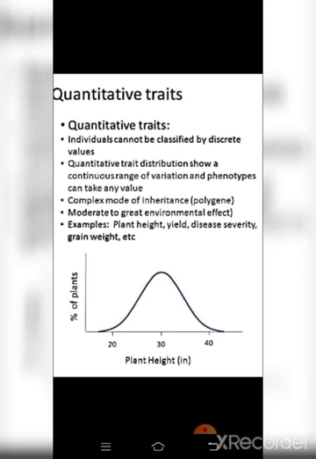Here is the graph: the plant height is 20, 30 and 40, and the percentage of plants. At 20 is the minimum value, then the curve shape, and 40 is the highest value. So the plant height is between 20 to 40.